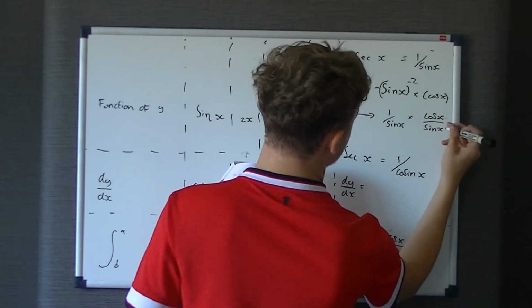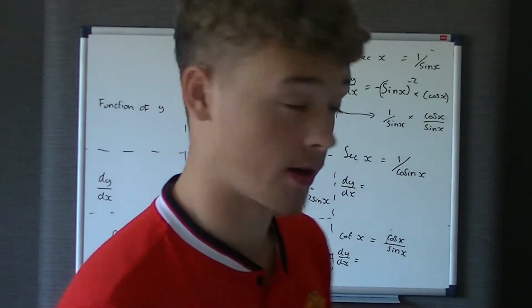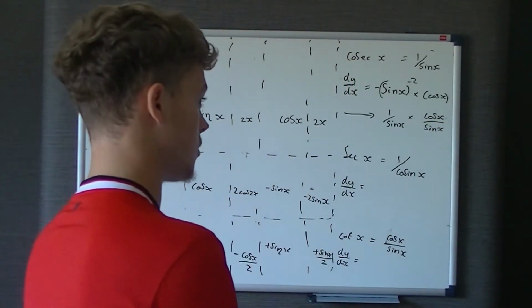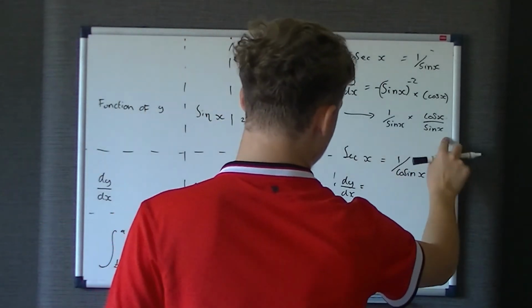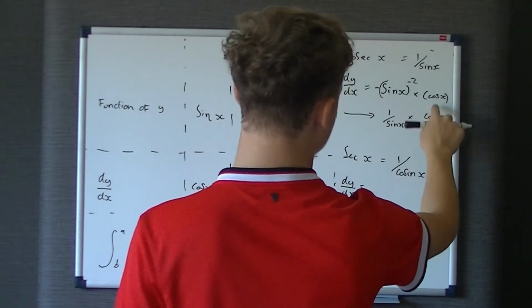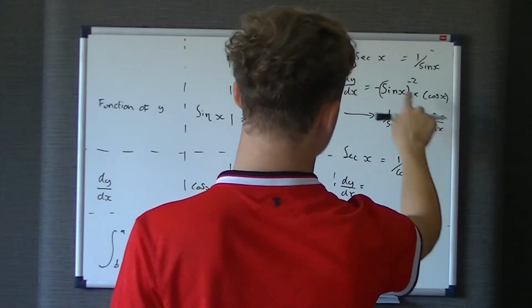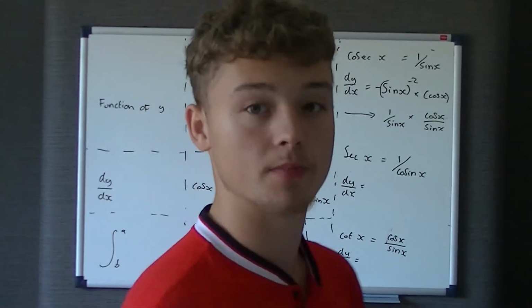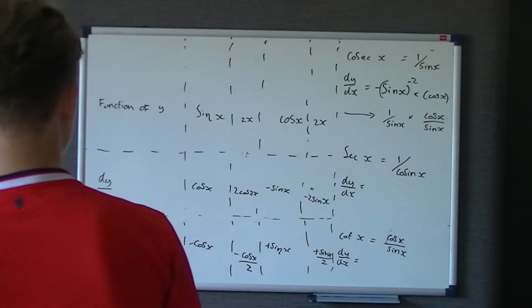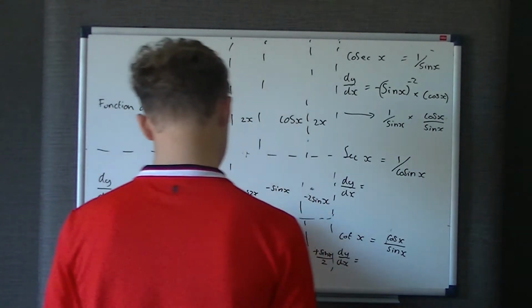Because remember, when you times a fraction, you times top by top and bottom by bottom. So this becomes 1 times cos x, which is cos x, and sine x over sine x, which is sine squared x, but it's minus 2, so it's minus cos x over sine squared x.